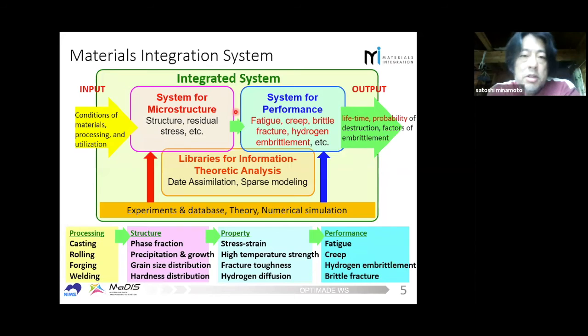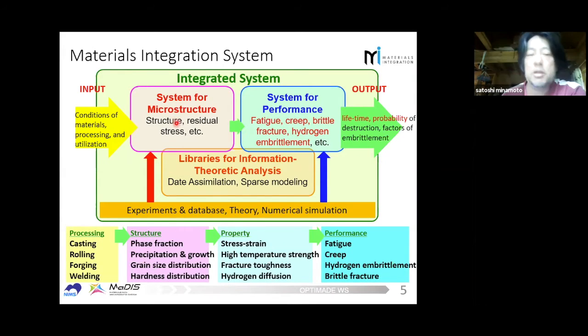Based on this kind of concept, we have started to build our web-based computer system to analyze structural material performance. We have four teams. One team is gathering to make the program to predict the microstructure.